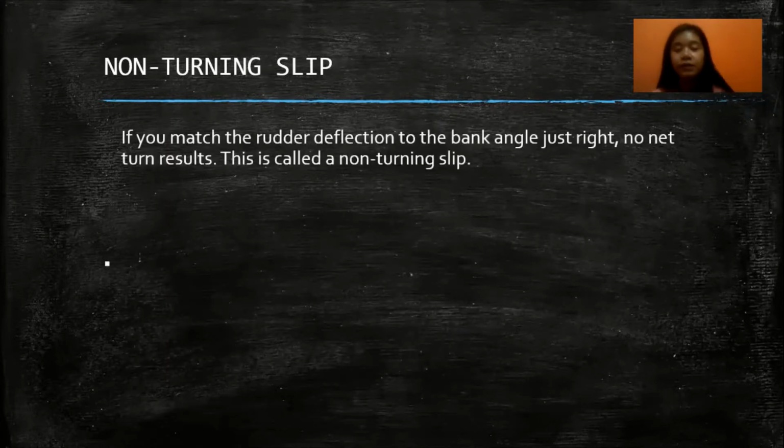So, next naman is yung non-turning slip. Kapag sinabi natin na non-turning slip, if you match the rudder deflection to the bank angle just right, no net turn results, this is called a non-turning slip. Ibig sabihin, kapag yung airplane hindi nag-spin or nag-turn, ang tawag doon ay non-turning slip.